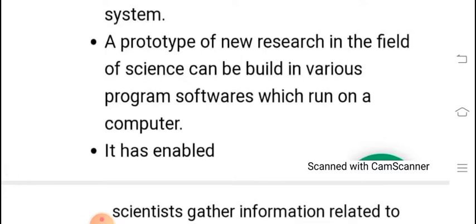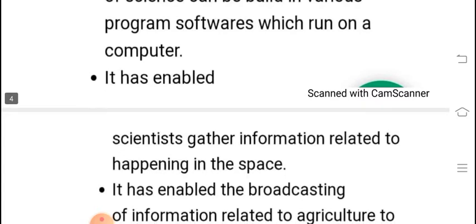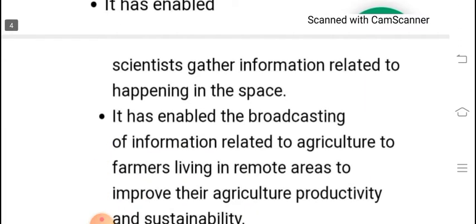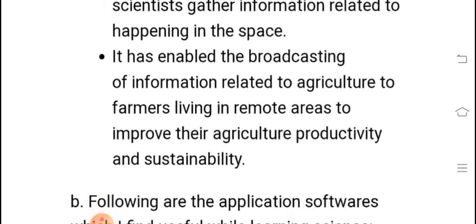A prototype of new research in the field of science can be built using various programs and software which run on a computer. It has enabled scientists to gather information related to happenings in space. It has enabled the broadcasting of information related to agriculture to farmers living in remote areas to improve their agricultural productivity and sustainability.